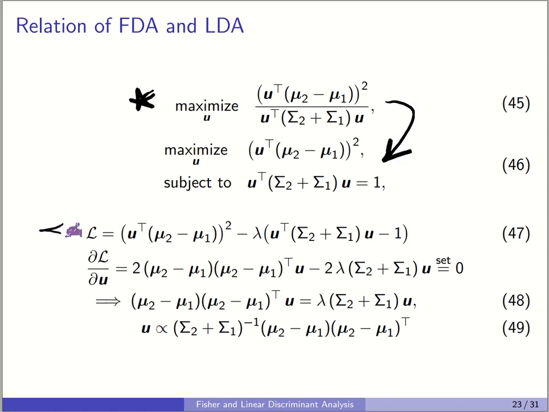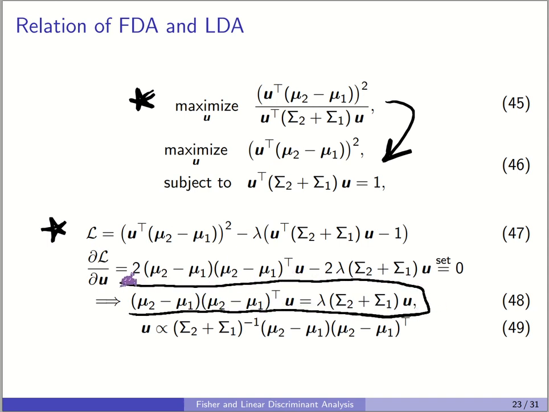Then we take the Lagrangian and we take the derivative, we set it to 0, and we will find this. As you can see, the projection direction U in Fisher discriminant analysis is the eigenvector of sigma 2 plus sigma 1 inverse, because this is a generalized eigenvalue problem. We can convert it to the eigenvalue problem by left multiplying the inverse of within scatter.